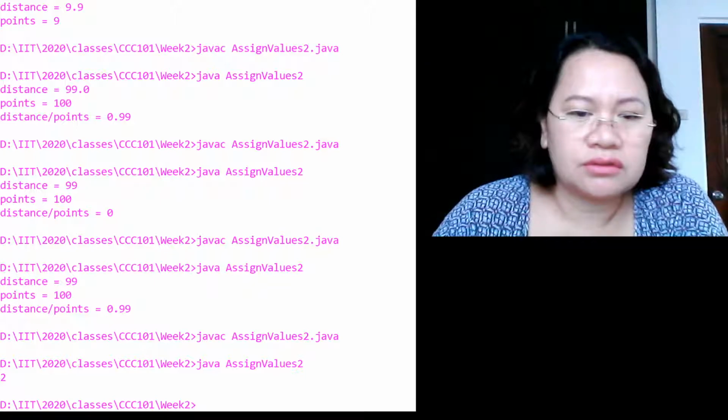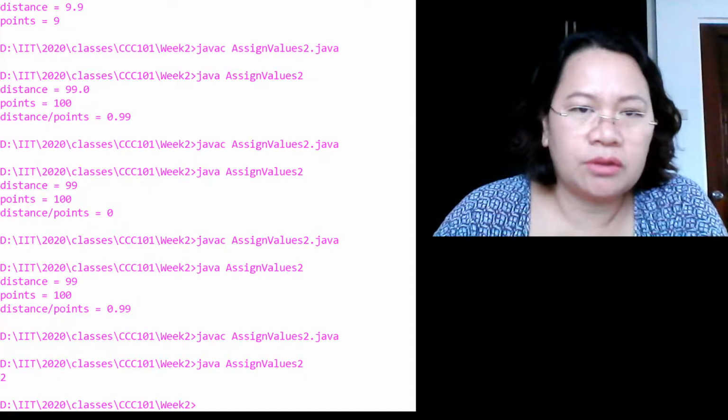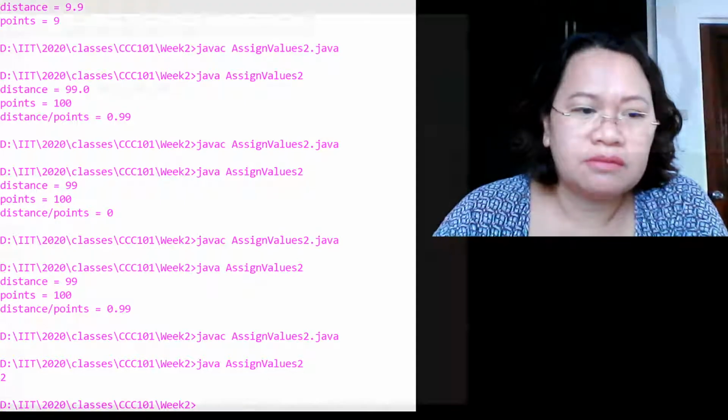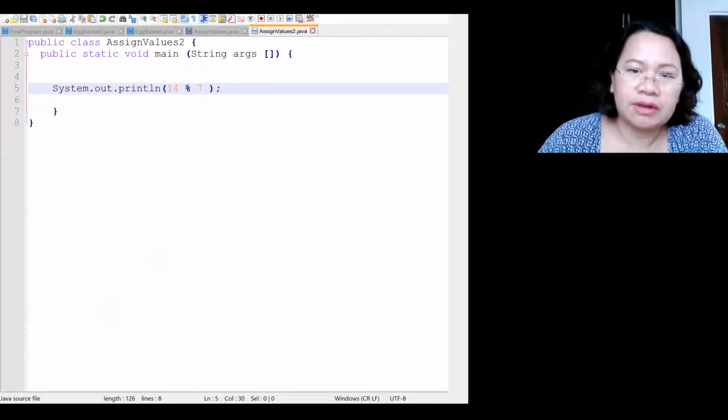Okay, so that's how you use the modulo operator to determine if something is divisible or not, diba? If I have this 14 % 7, you're testing whether this number 14 is divisible by 7. If it is divisible, the result will be 0.